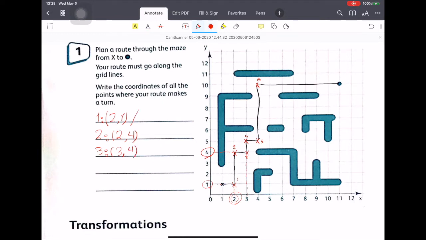About point 4, we are going to have x 3 and y 5. About point 5, we are going to have x 4 and y 5.